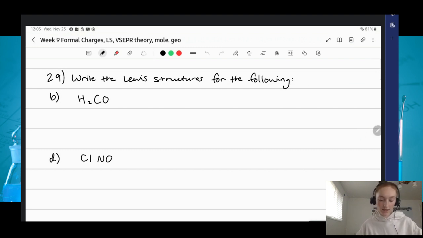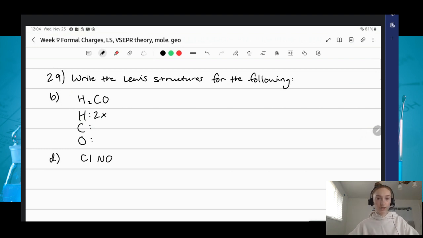So we have hydrogen, carbon, and oxygen here. We have 2 of the hydrogen, so it's going to be 2 times however many valence electrons it has. And we have carbon, and we only have 1 of that, and oxygen, and we only have 1 of that.